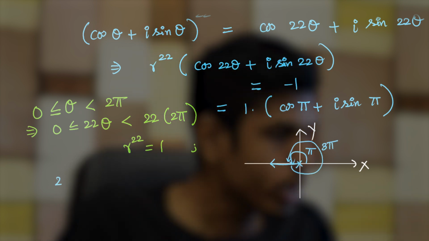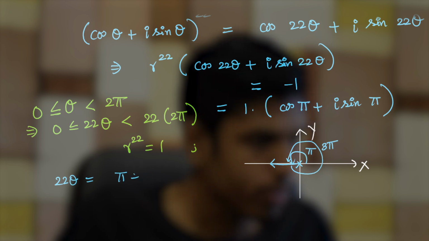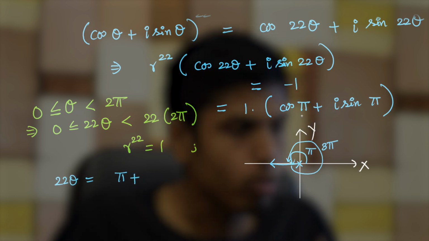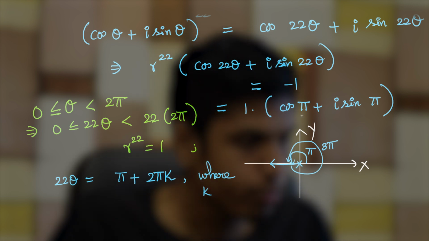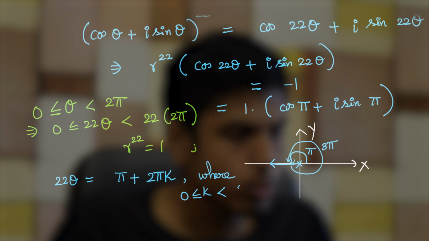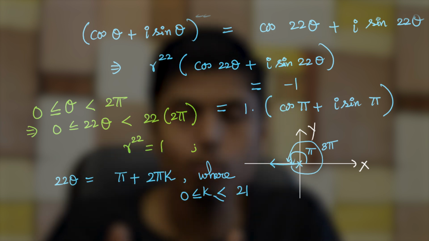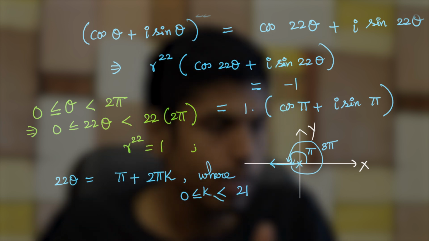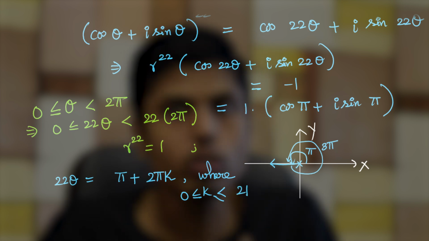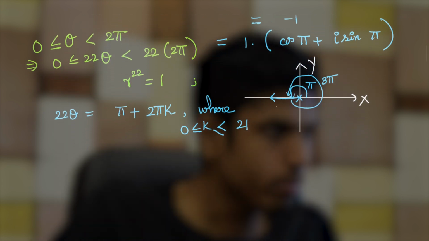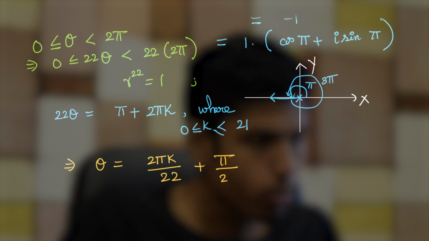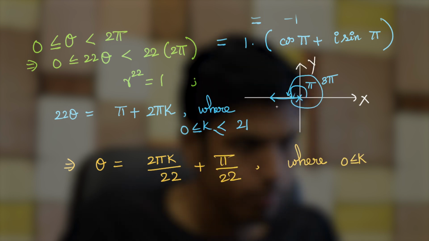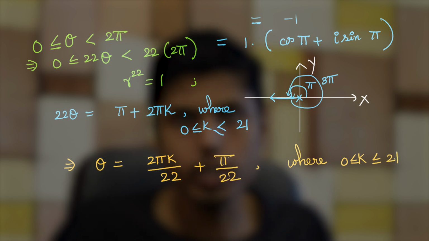So, 22 theta can take pi or 2 pi plus pi or 4 pi plus pi, which can be generalized as 2 pi k plus pi, where k goes from 0 all the way till 21, because it cannot take the value of 22, as otherwise it would exceed 22 times 2 pi. So we now have theta to be 2 pi k by 22 plus pi upon 22, where k goes from 0 to 21.